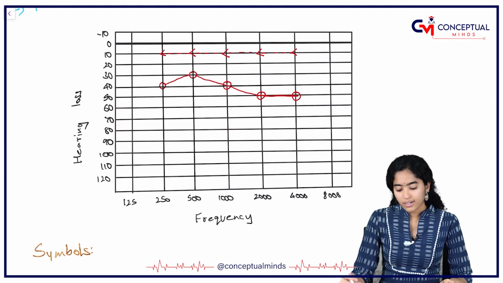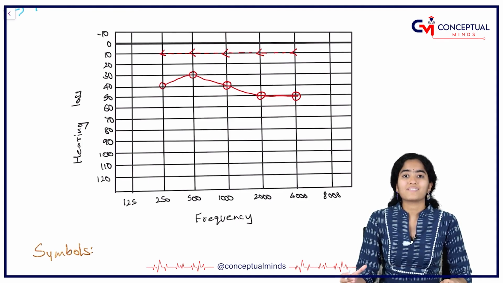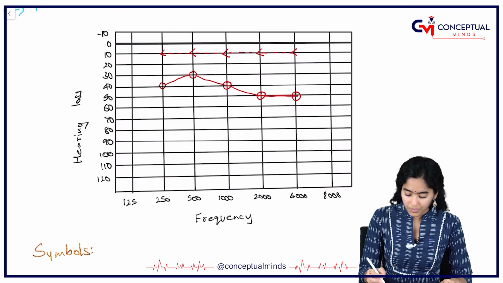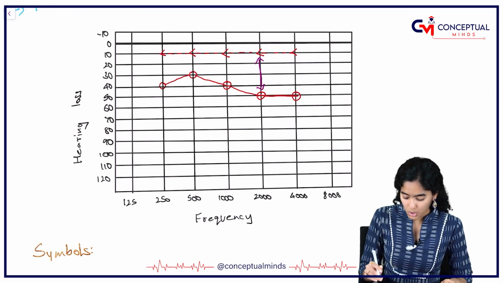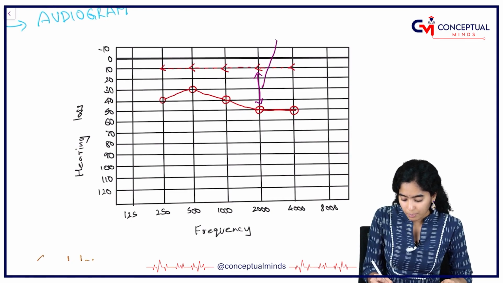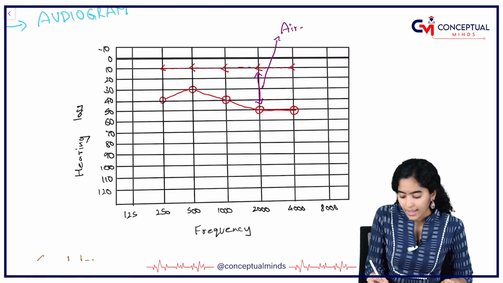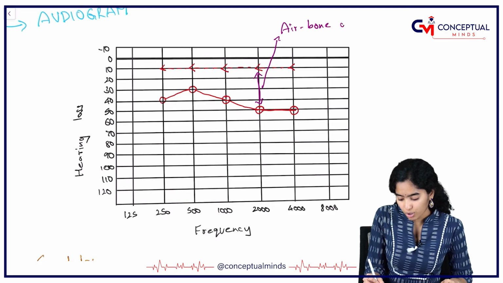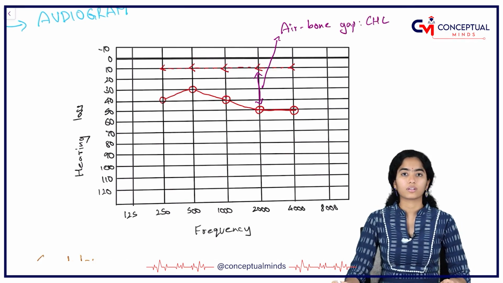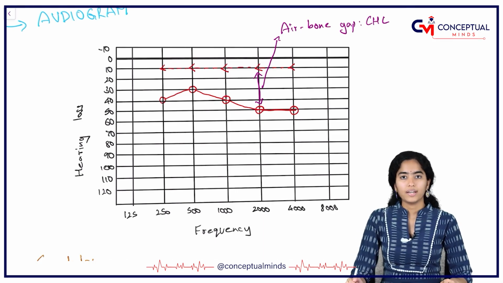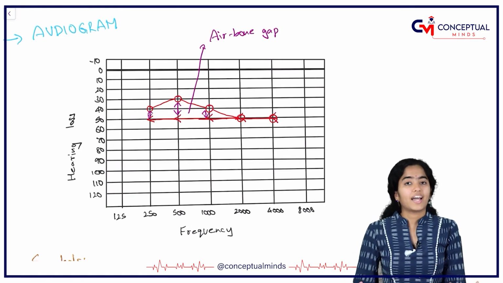Now between air conduction and bone conduction you observe some gap, isn't it? This gap is called the air-bone gap, and it is a measure of conductive hearing loss. Now this is just an arbitrary example.